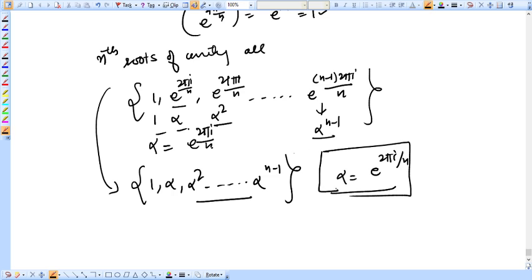Okay, so this set also forms an abelian group. So this is all about the complex roots of unity.